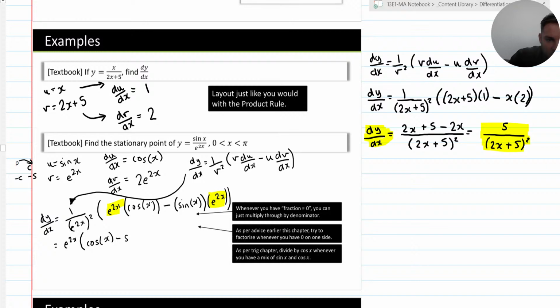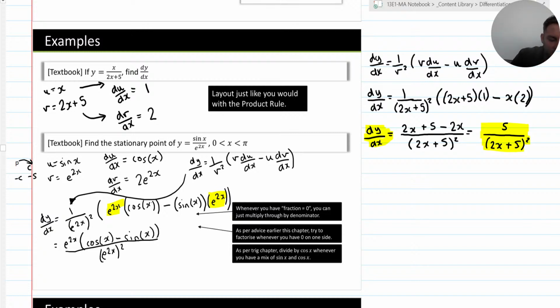So when we do this, it's going to be e to the 2x times by, well, what's left over there is that cos of x, so cos of x minus what's left over here is that sine of x, so minus sine of x, all over the e to the 2x all squared, like so.